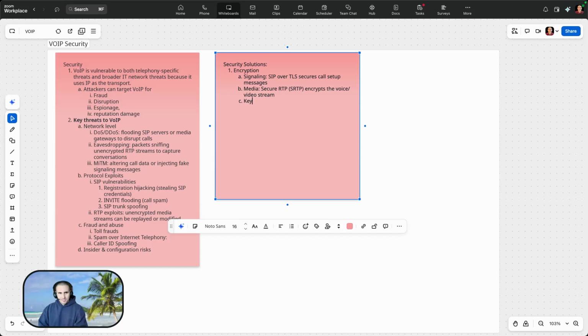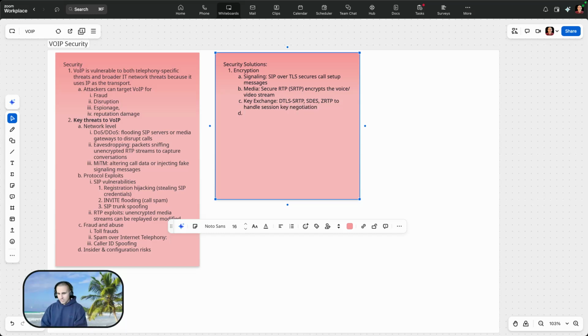And that's sarcasm. And then key exchange: DTLS-SRTP, SDES, or ZRTP to handle session key negotiation.